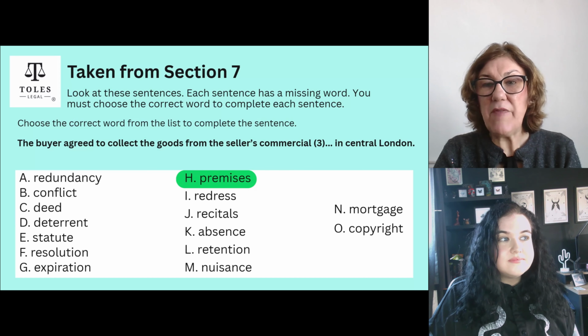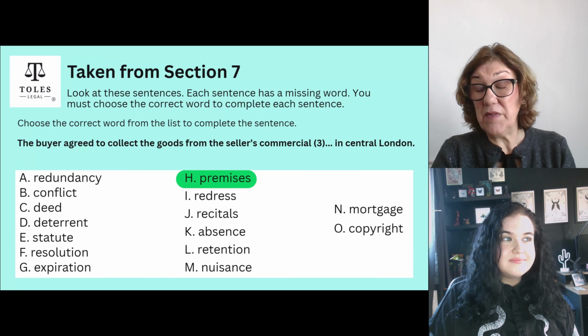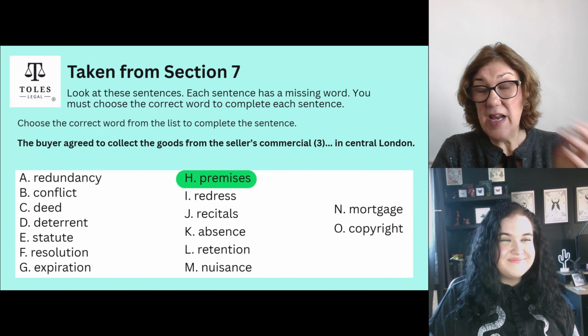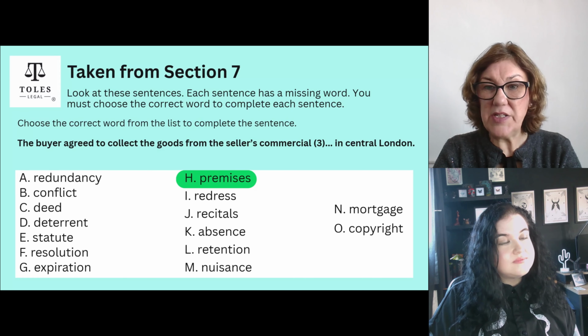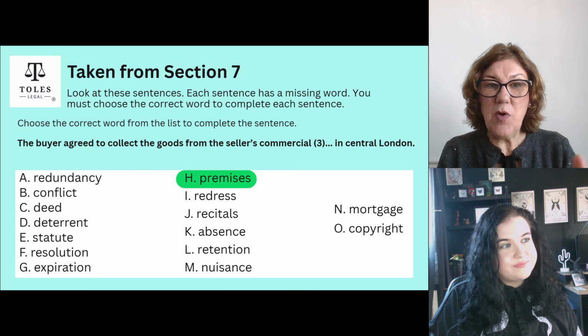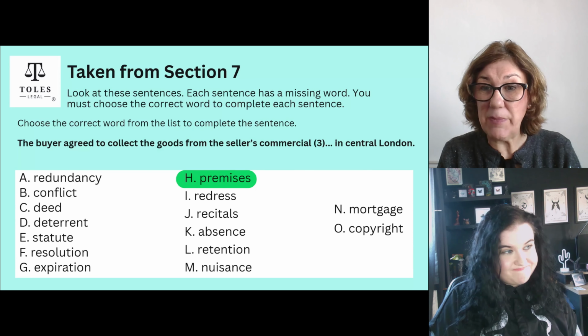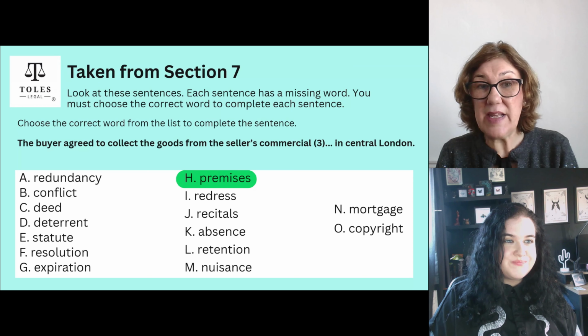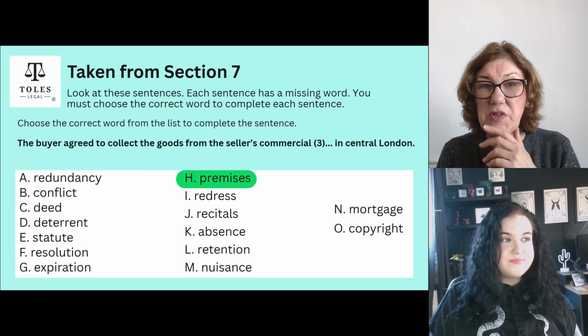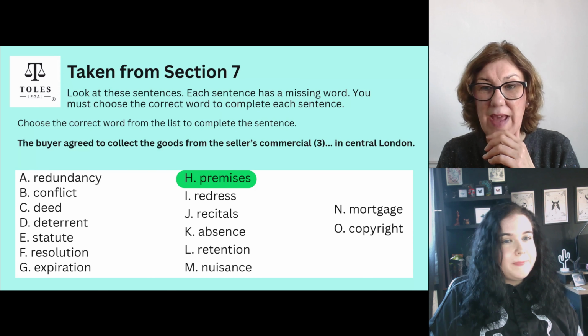So section 7 really is a legal vocabulary test. Rachel, you see more completed papers than I do. I work more in producing these papers, but you send out the results and you do see the papers. Do people usually get section 7 correct?